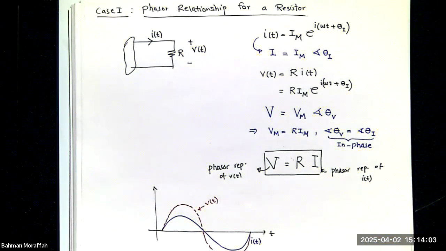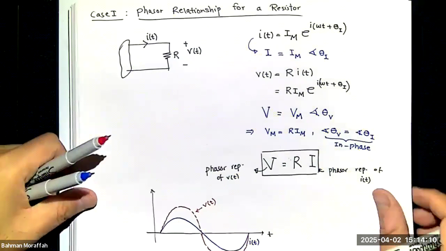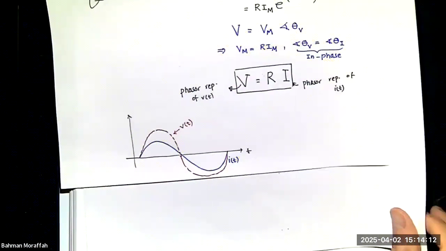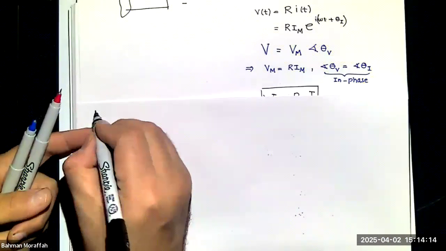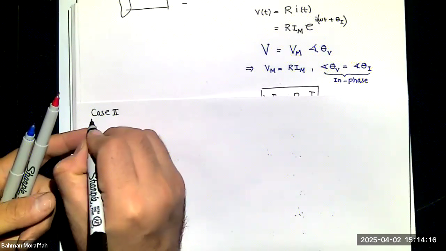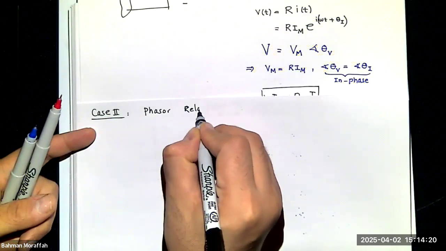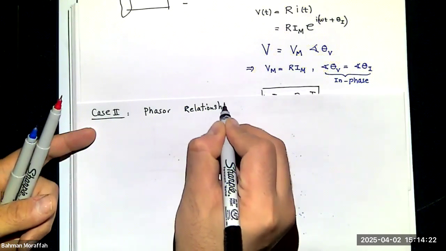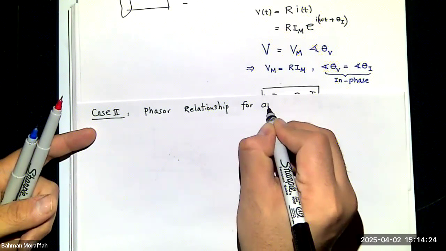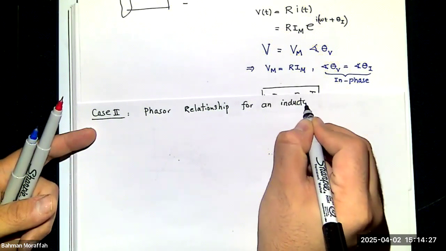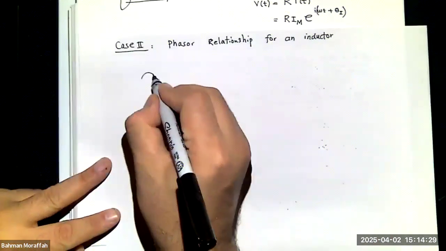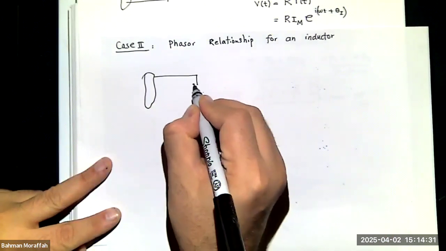Let's move on to the inductor and try to establish the same relationship for an inductor. So case 2: phasor relationship for an inductor. Let's say I have this circuit.